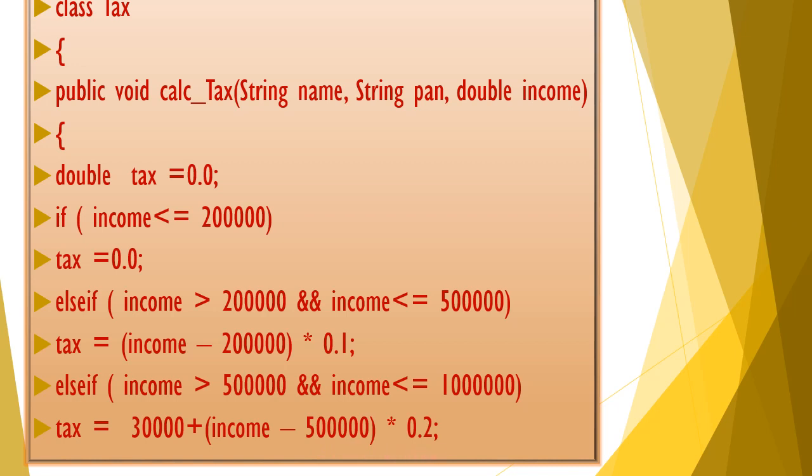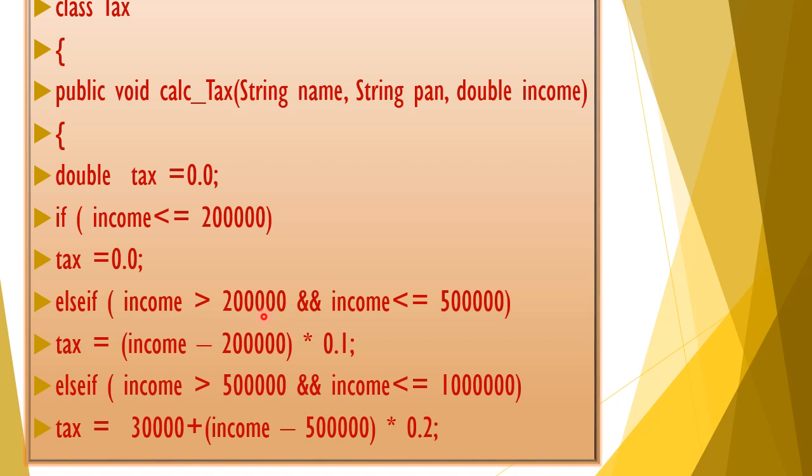So one thing that we have to note here: when we write the amount, don't write any rupees symbol or comma in between the digits, because an integer or double type value cannot store symbols like rupees or comma. So you have to take care when we write the amount.